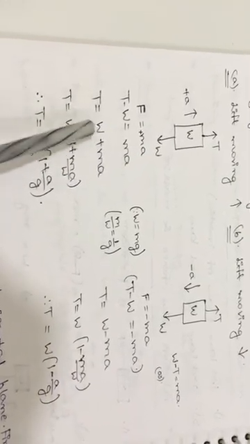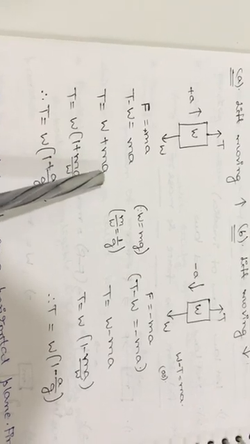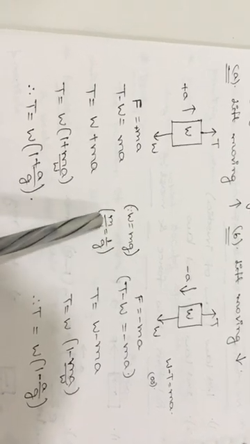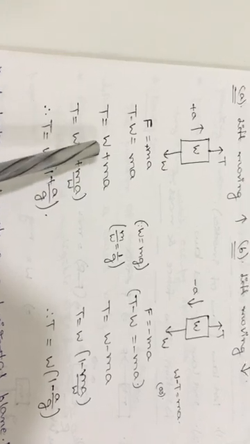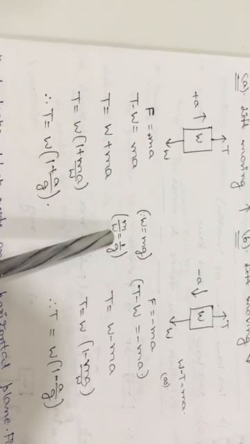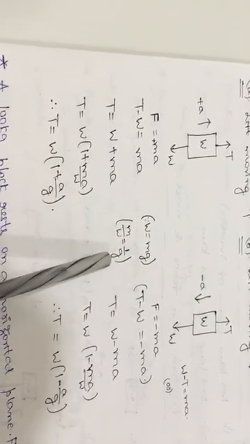Now make T the subject. So T is equal to W plus ma, and we all know that W is equal to mg. From that, making m by W the subject, we get it as 1 by g. Now take W common. So you will get T is equal to W of 1 plus ma by W, and from this, m by W is nothing but 1 by g.